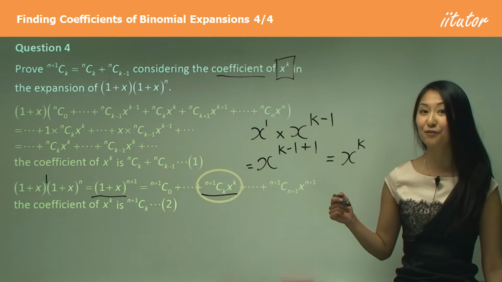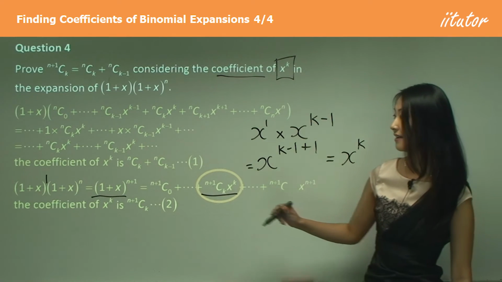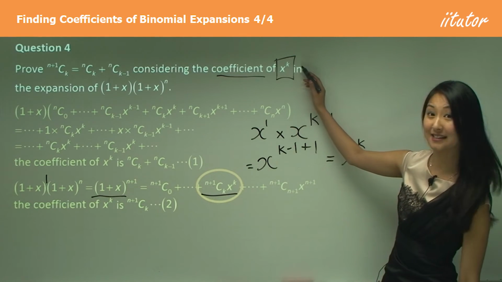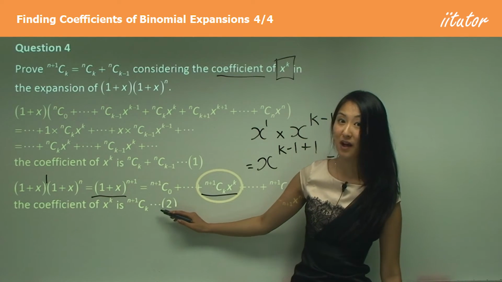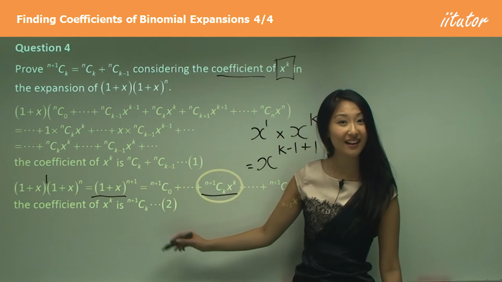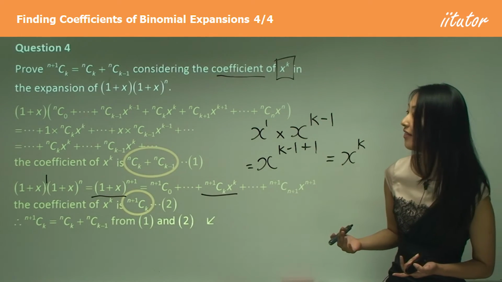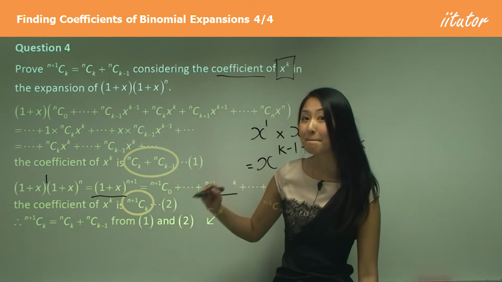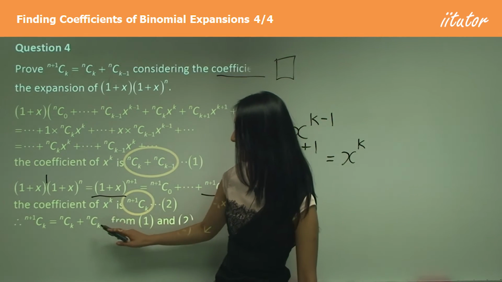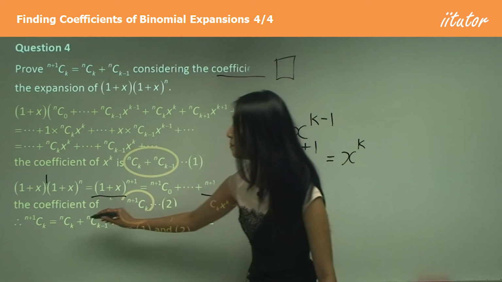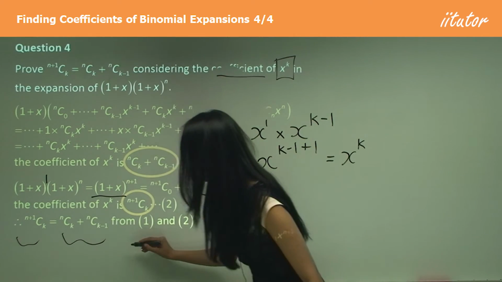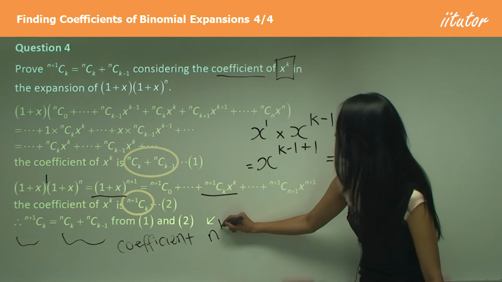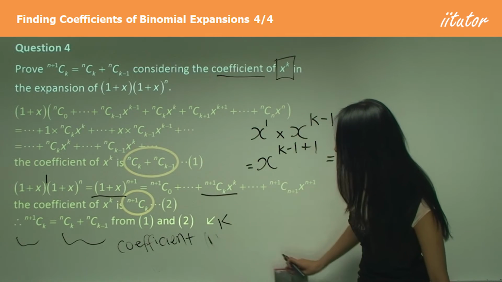Which means that since we found out the coefficient of x to the power of k is this using this method, and then we worked out the coefficient of x to the power of k is (n+1)Ck using this method, that means we've proved, from 1 and 2, that (n+1)Ck must equal nCk + nC(k-1), because both of these were the coefficient for x to the power of k.